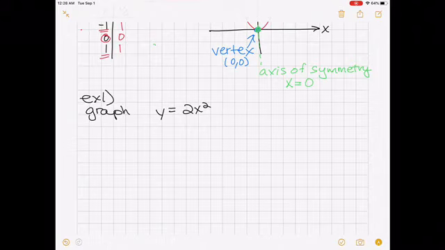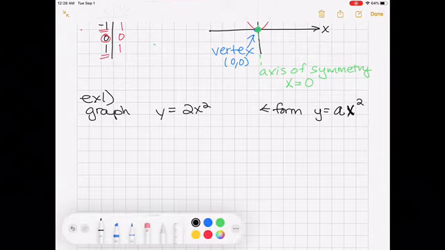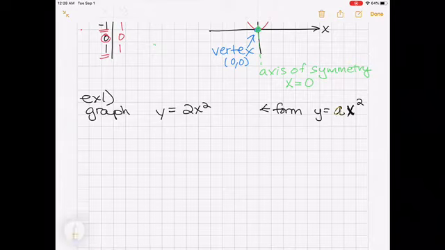If we did that, it's obviously going to change this form, and we call this the form y equals a times x squared, because this x squared is our parent function, but the difference is that we are multiplying it by a coefficient, a. In this case, the 2 is our a value for that coefficient.